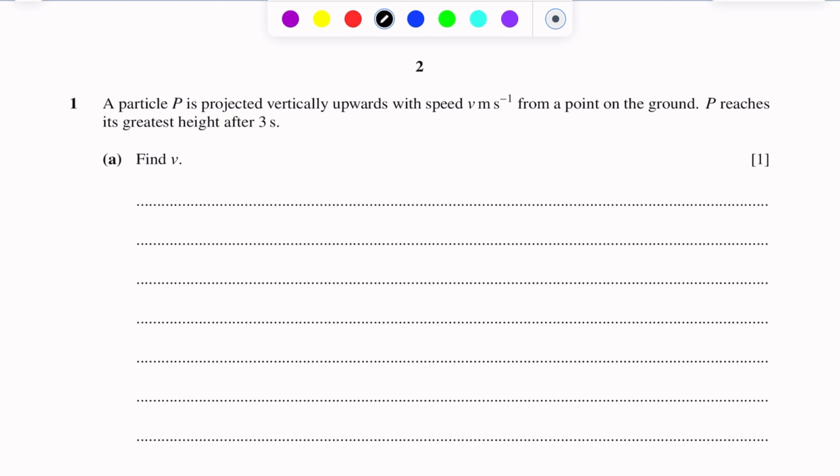Let this be the ground. The particle is projected vertically upward. Initial speed is V. This is horizontal ground. This is the highest point.